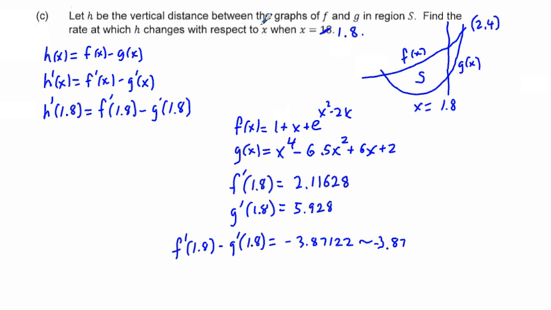Okay, which rounds to negative 3.81, and this 17 rounds up to a 2, so either of these would be just fine.